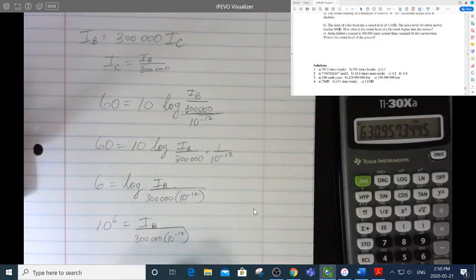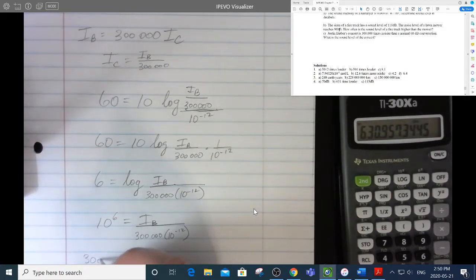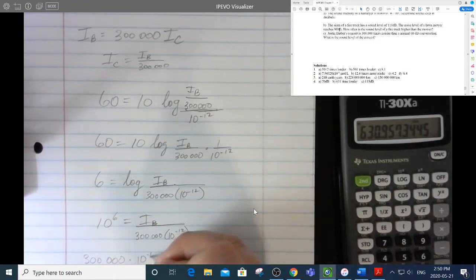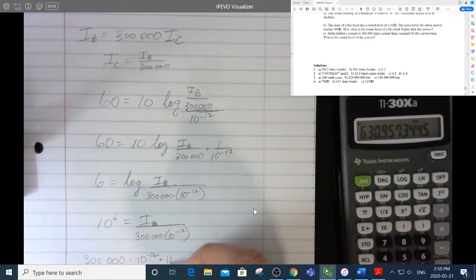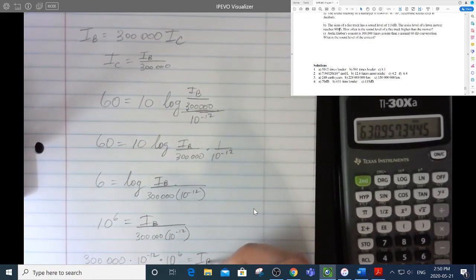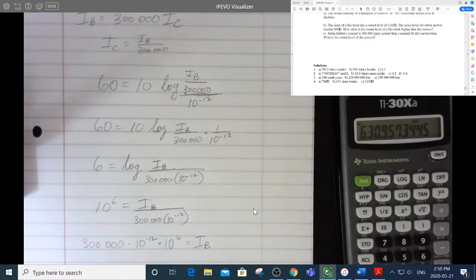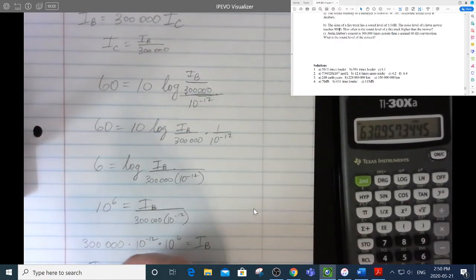I think what I'm going to do is multiply both sides of the equation by this denominator. So I have 300,000 times 10 to the negative 12 times 10 to the power of 6 equals IB. That's actually 300,000 times 10 to the negative 6. So IB is 300,000 times 10 to the negative 6.